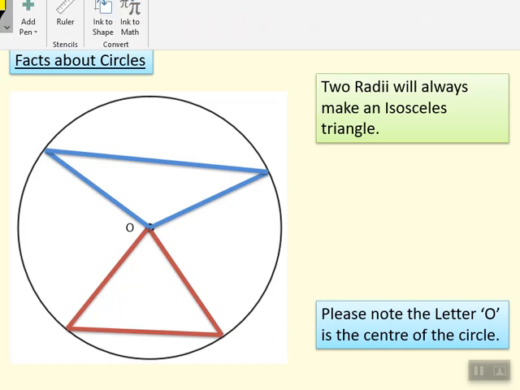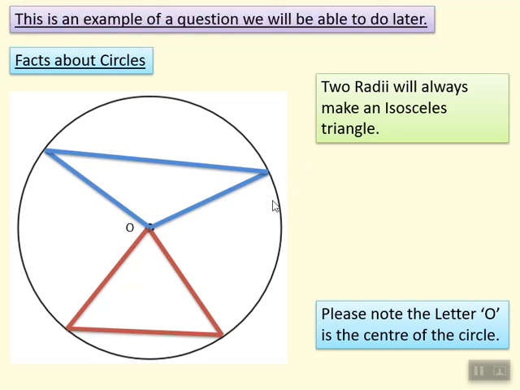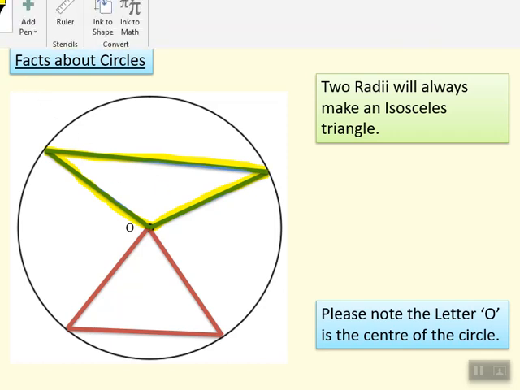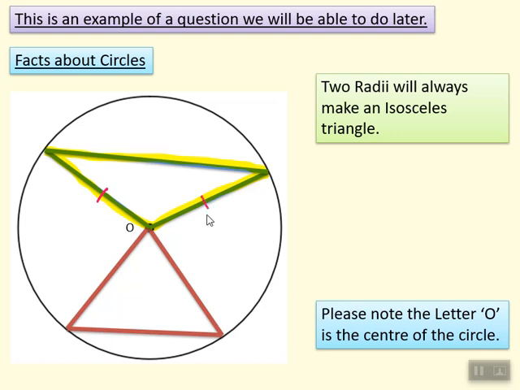If you draw 2 radius lines, they will always make an isosceles triangle. For example here, this is a radius line and this is a radius line. So the triangle formed by those 2 lines is always going to be isosceles. And if you think about it logically, these 2 lengths are the same, and in an isosceles triangle, 2 sides are the same length.